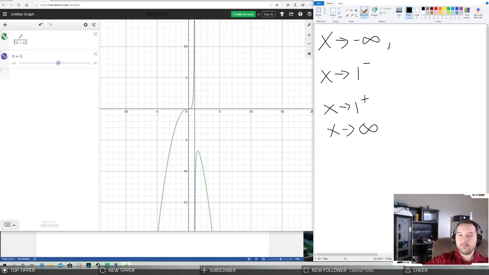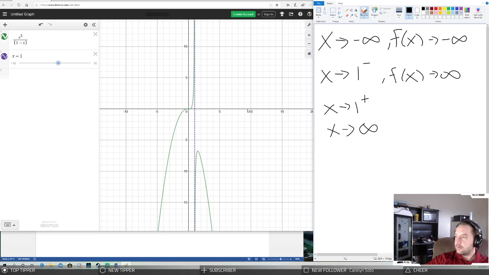So now just describing what the y is doing. So as x goes to negative infinity, my y is going down forever. So my y is going to negative infinity. As x goes to 1 from the negative, it's going up forever. So my y goes to positive infinity.